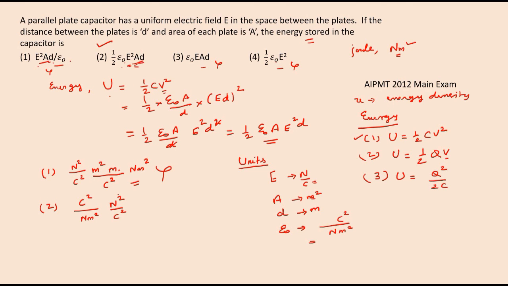Then you have AD, A meter square, D meter. Simplify. Coulomb square will go, meter square will go, one Newton will go. You get Newton meter. So this is the SI unit of energy. Therefore option 2 is correct.